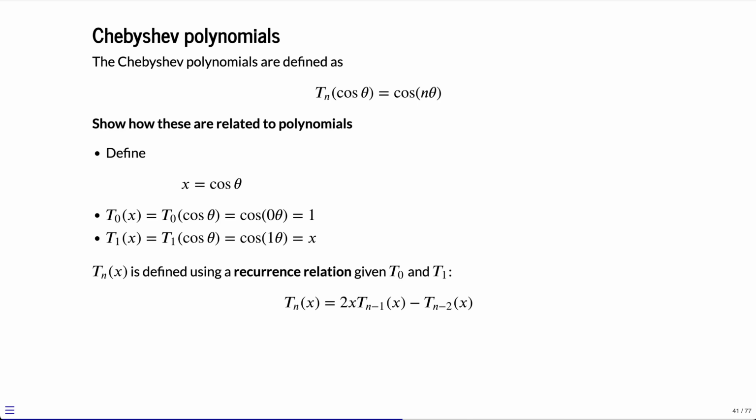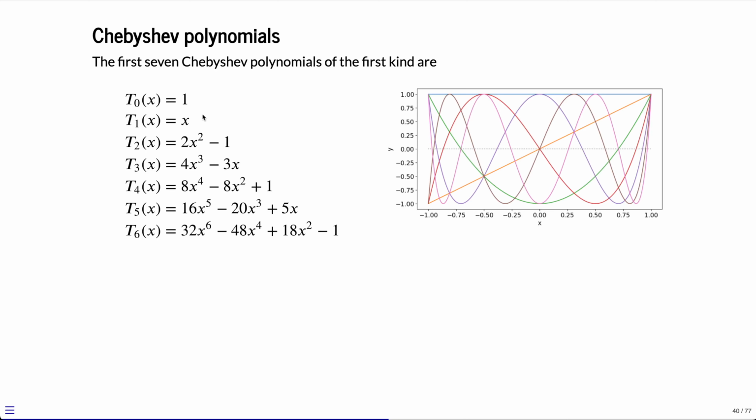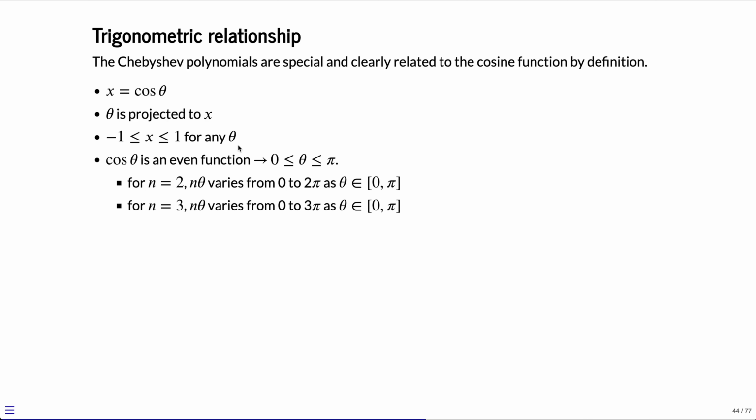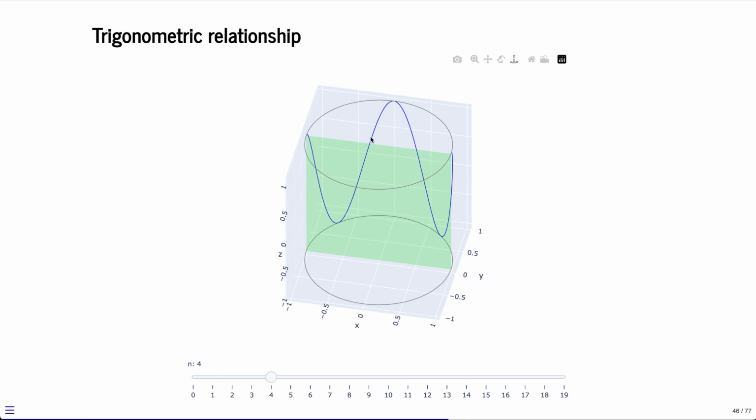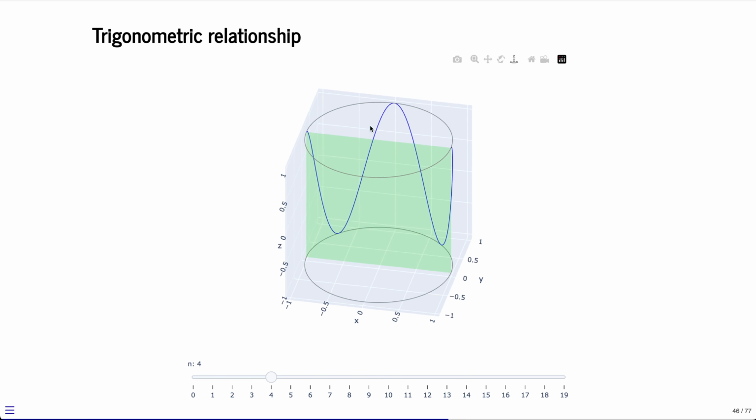So you have the x location, which is where the points lie, and then the magnitude is 2x squared minus 1. And so we can see really clearly, hopefully, how these relate to the geometric picture and how they relate to the cosine functions. So it's worth spending a little bit of time.